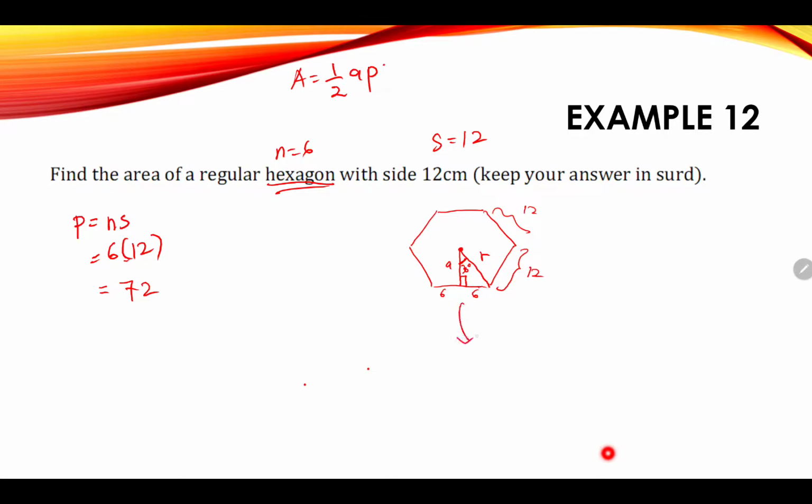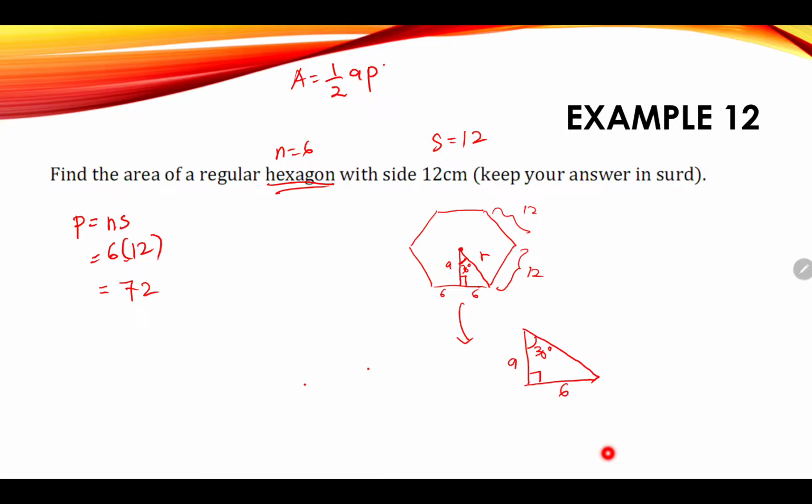So keluarkan triangle tu. So kita dapat ni 30. Kita nak cari A, R tak payah carilah sebab kita tak nak guna formula yang ada R. So here is 90.